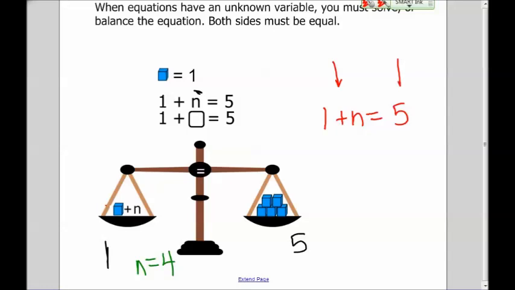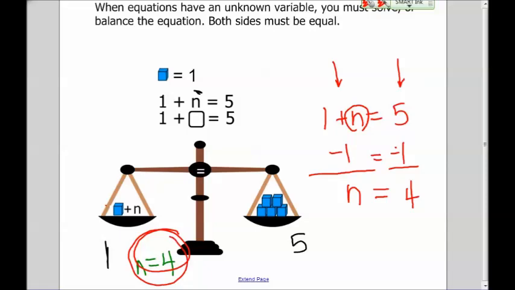I want to get the n by itself. Well, to get this n by itself, I'm going to take the 1 away. I'm going to subtract 1 from this side. When I subtract 1 from this side, I have the n all by itself. If I do it to one side, I got to do it to the other. I'm going to subtract 1 from this side. Hey, magic, n is 4, which is exactly what we said here.